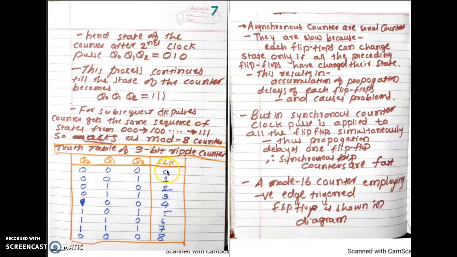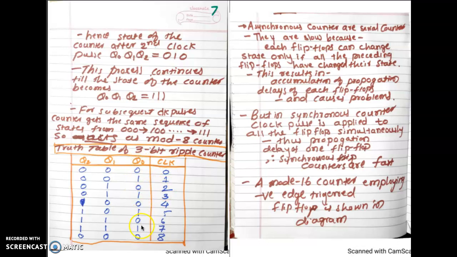First, during no clock pulse, all of the flip-flop outputs are at 0 state. After the first clock pulse, the first flip-flop toggles. It goes from 0 to 1, and the others remain at 0. At the second clock pulse, it toggles again.